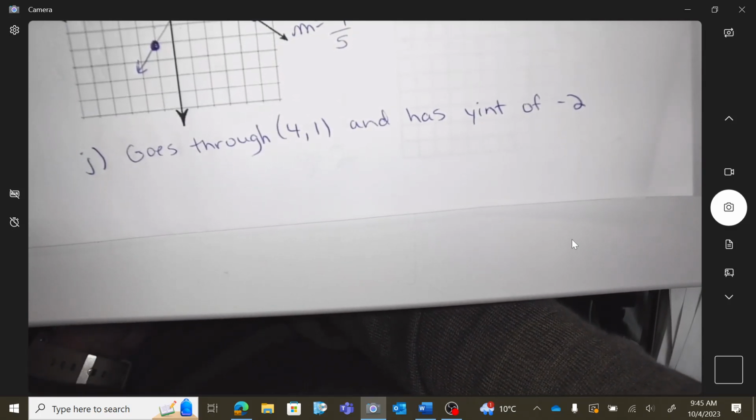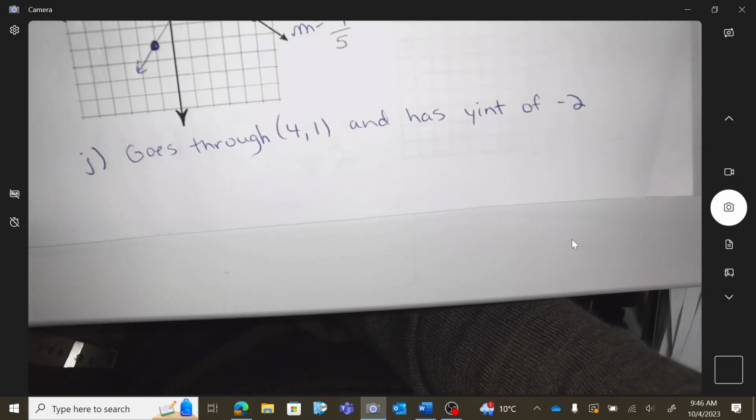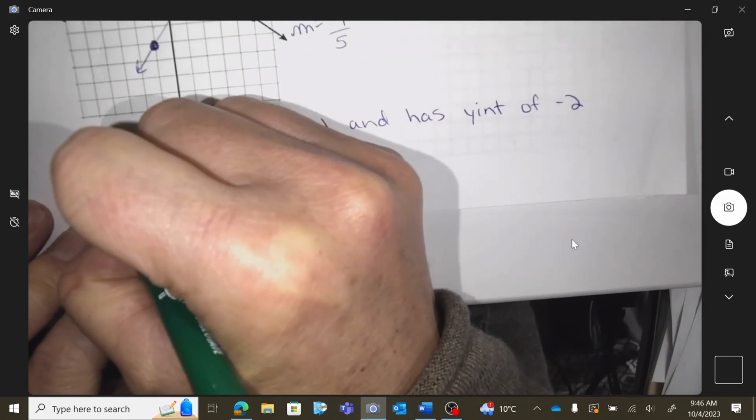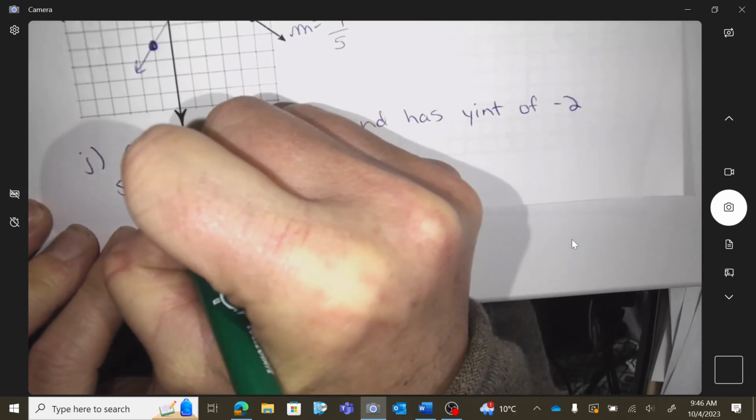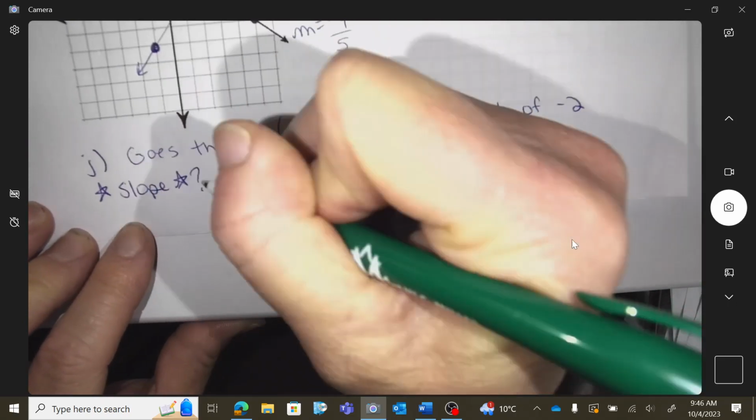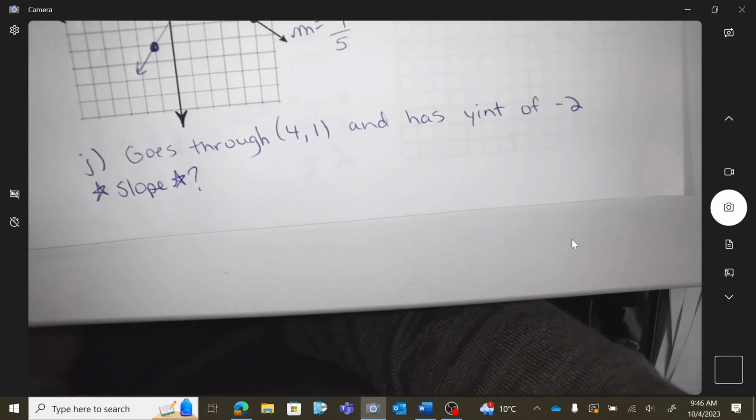Okay. What am I going to do? Goes through that point and has a y-intercept of that. I feel like when I read it, I'm just missing something very important. What's the biggest piece of information we always need no matter what we're doing? Slope. I got nothing that tells me about slope.